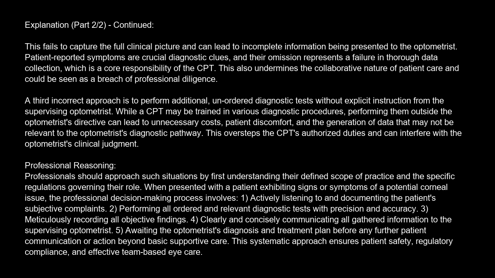Meticulously recording all objective findings. 4. Clearly and concisely communicating all gathered information to the supervising optometrist. 5. Awaiting the optometrist's diagnosis and treatment plan before any further patient communication or action beyond basic supportive care. This systematic approach ensures patient safety, regulatory compliance, and effective team-based eye care.